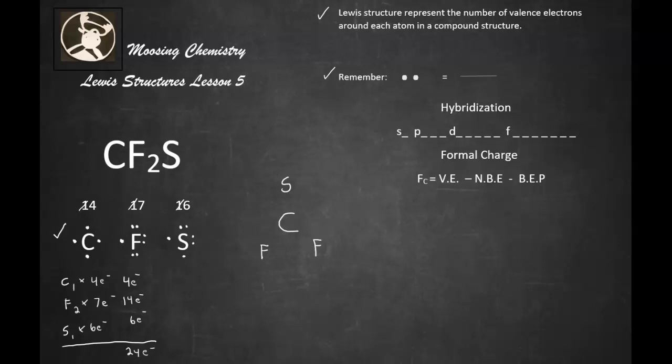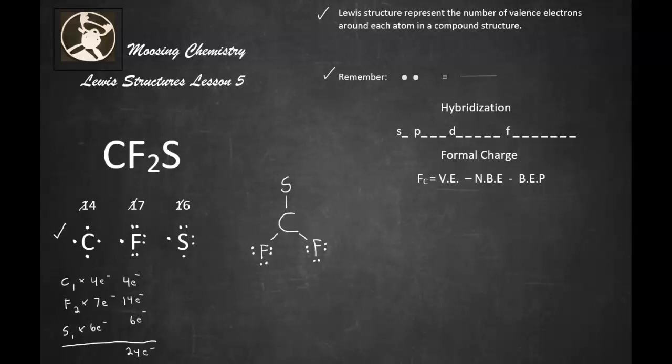All right, now the first thing we want to do is connect the 3 wraparound atoms to the core. The next thing we want to do is give each an octet. So look, 2, 4, 6, and there's 8. 2, 6, and then there's your 8.